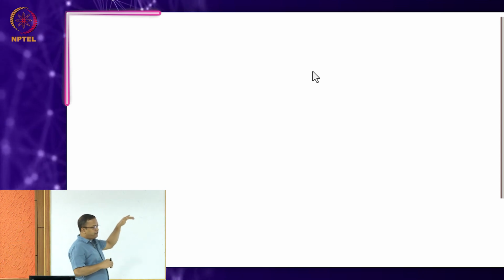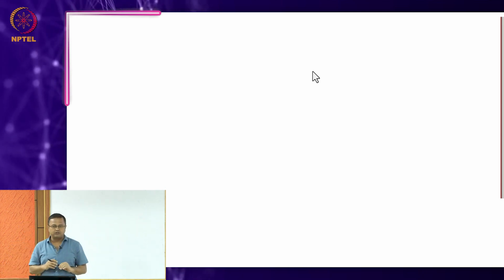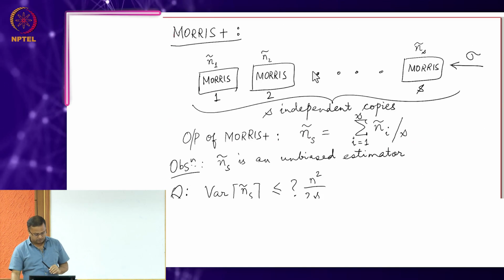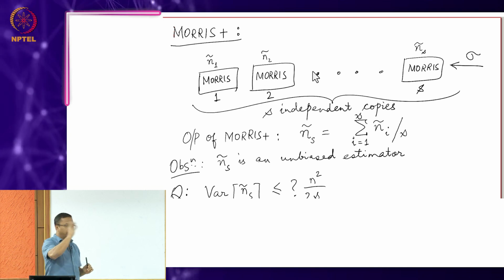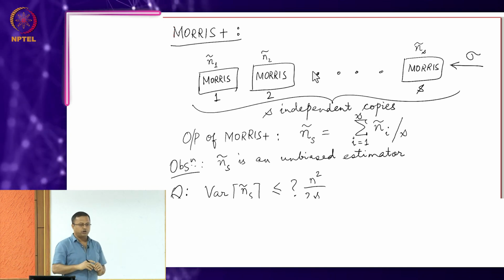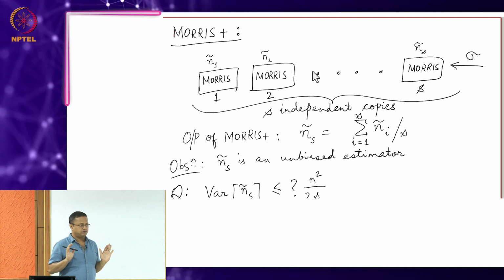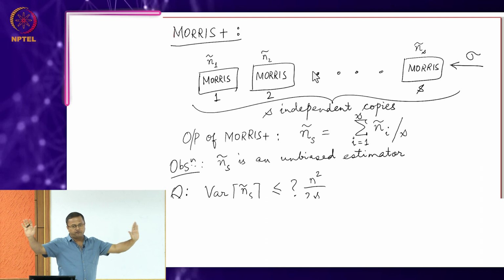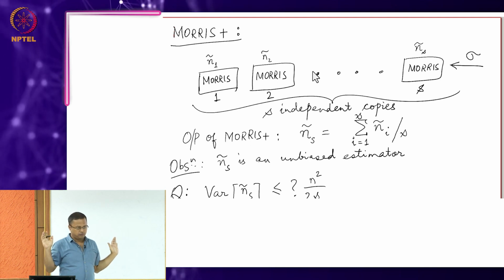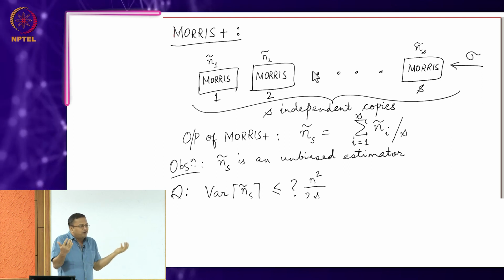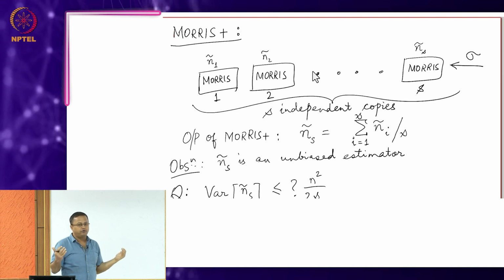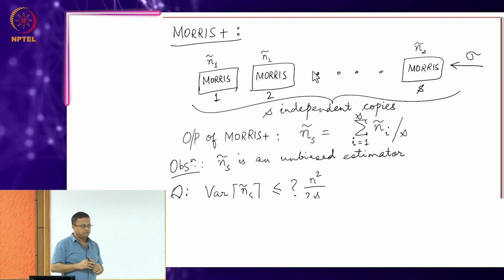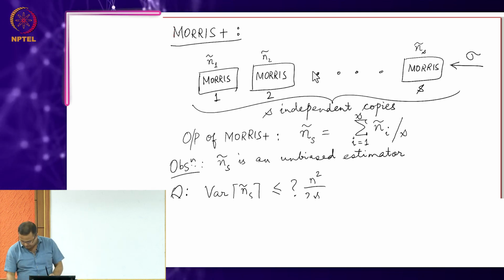So our takeaway from Morris Plus was, the moment you fix your delta, Morris Plus is fixed, because then you know the number of independent copies of Morris you would run, right. So the algorithm is kind of dependent on the value of delta. Fine.